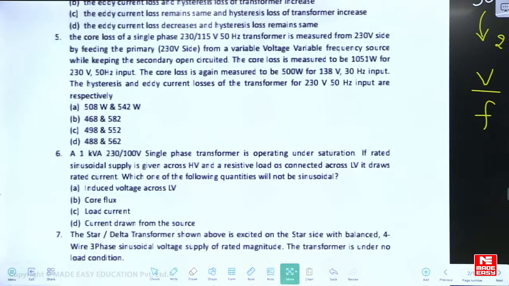Next question. The core loss of a single phase 230 by 115 volt, 50 Hz transformer is measured from the 230 volt side by feeding the primary from a variable voltage variable frequency source while keeping the secondary open circuited. The core loss is measured to be 1050 watts for 230 volt, 50 Hz input. The core loss is again measured to be 500 watt for 138 volt, 30 Hz input.